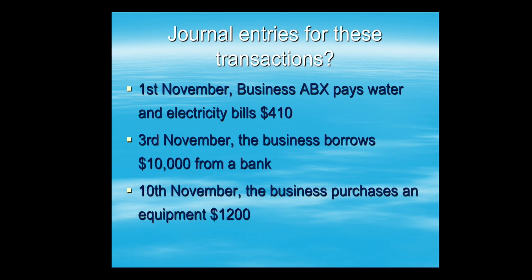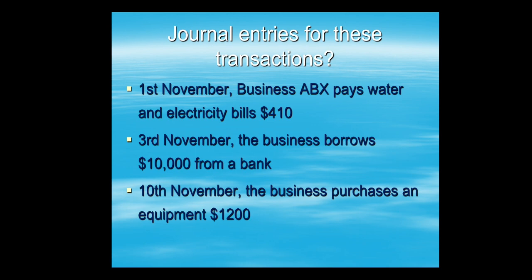In accounting, when a business pays electricity, water, telephone, internet, etc., we categorize that as paying utility expenses. We group them together and call them utility expenses. So that is the type of the transaction.